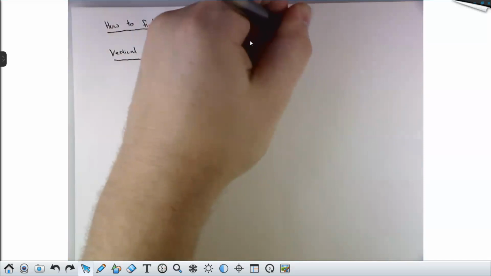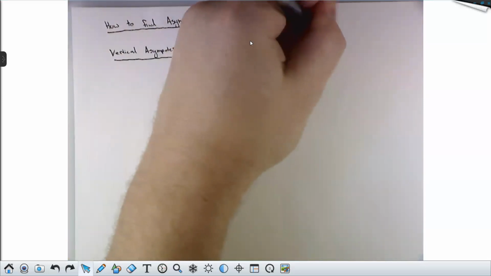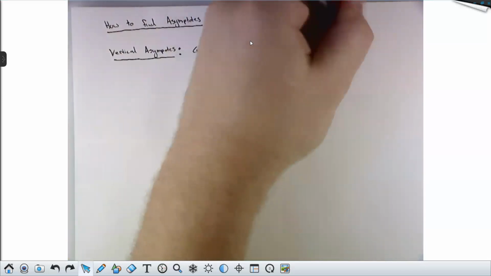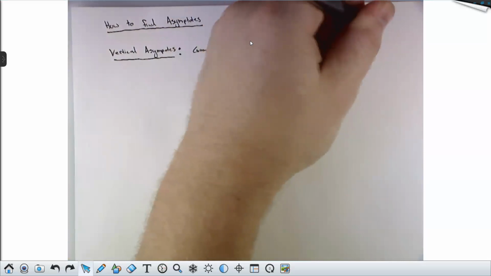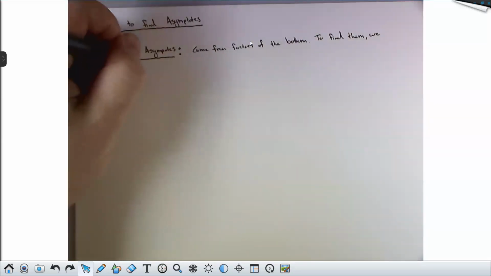Vertical asymptotes come from factors of the bottom. And to find them, we set the bottom equal to 0.